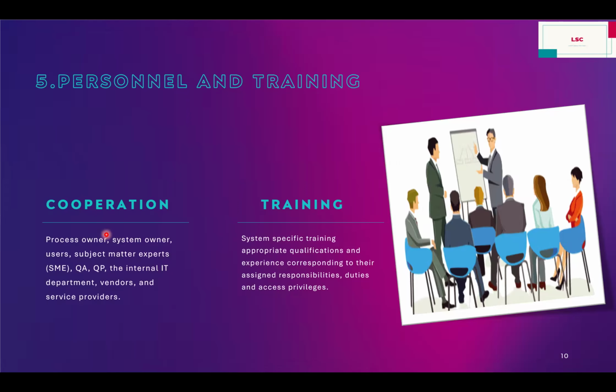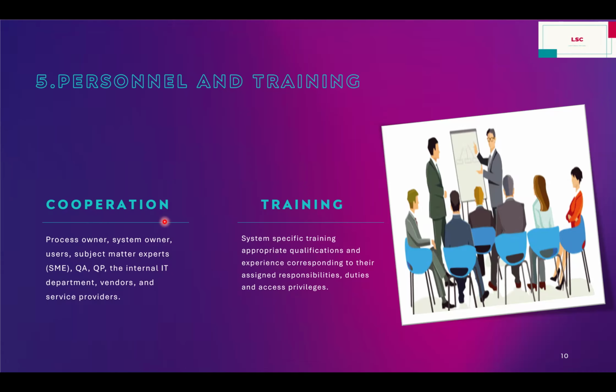Now the next part is related to personnel and training. This is written in Annex 11: cooperation means we are a team. The regulated user is not one or two persons or a department; this is the regulated user. It is the team.